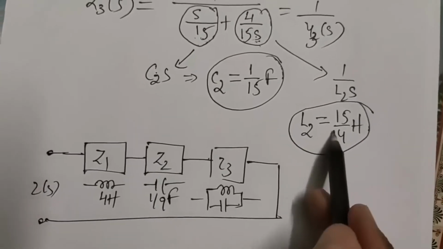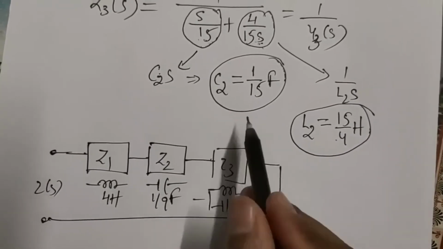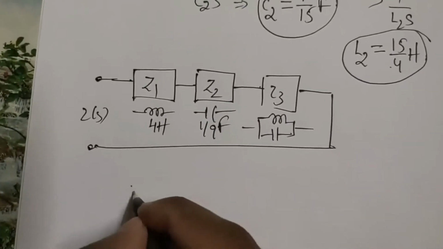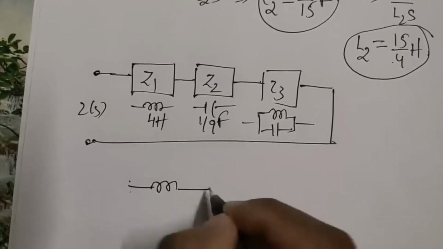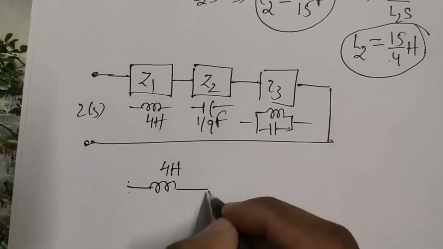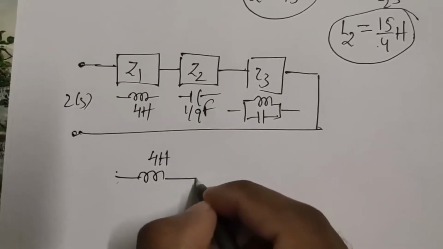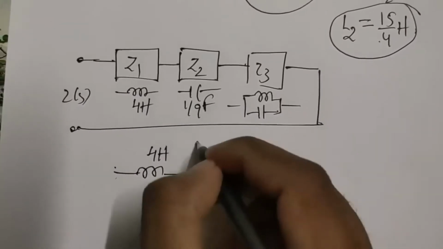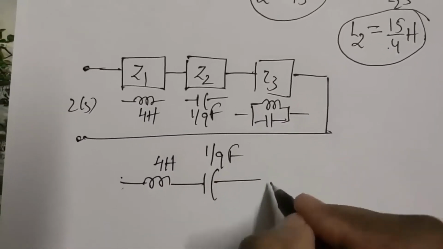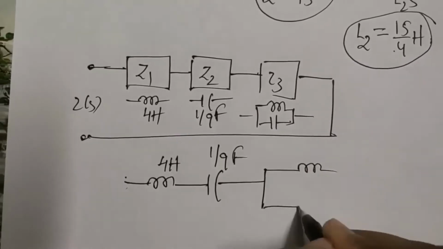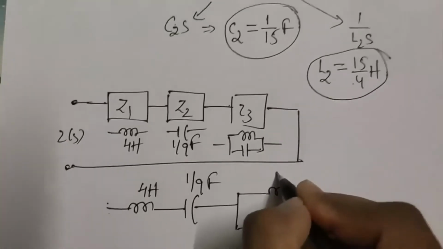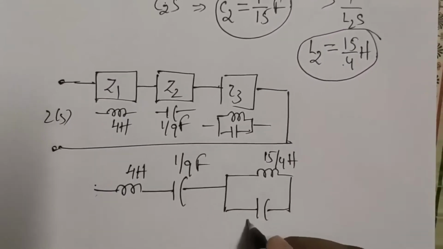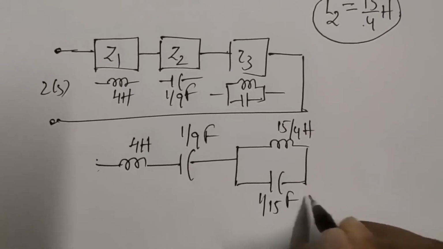The inductor value is 15 by 4 Henries and the capacitor value is 1 by 15. So the network obtained after synthesizing this impedance function belonging to LC, using Foster first form, is: 4 Henry inductor, 1 by 9 farads capacitor, and here inductor and capacitor in parallel. Inductor value, as we have seen, 15 by 4 Henries, and capacitor is 1 by 15 farads.